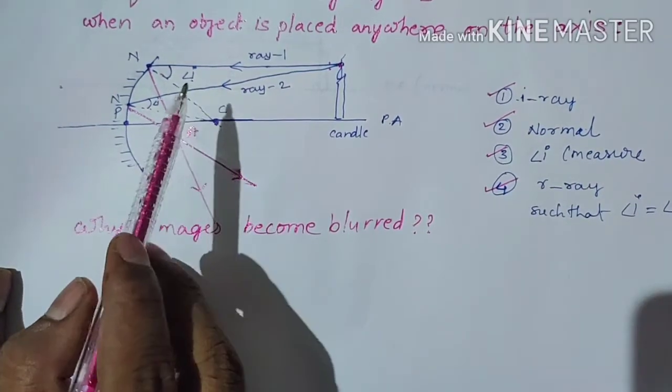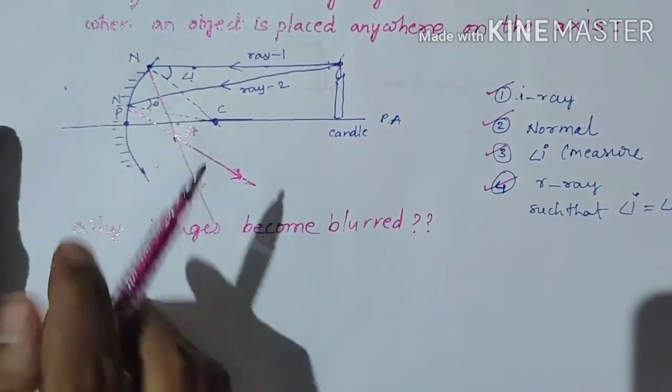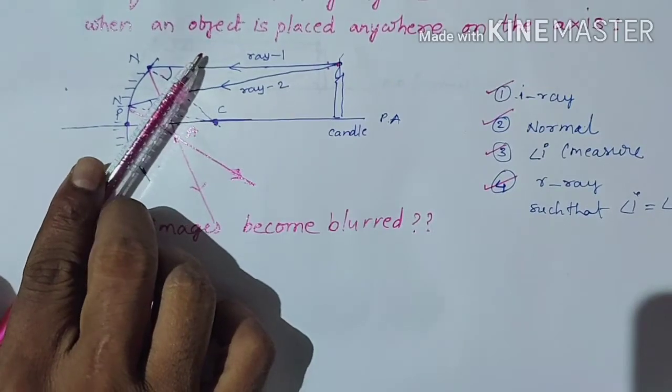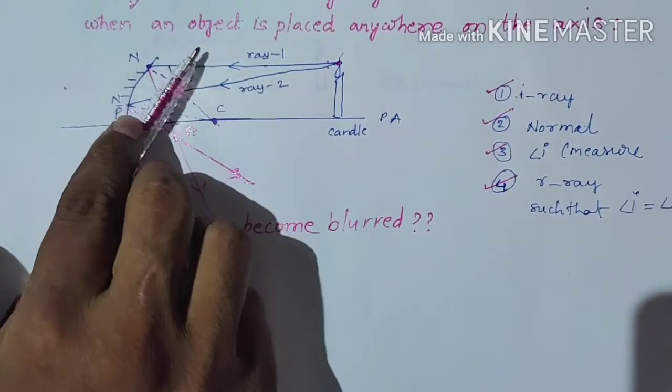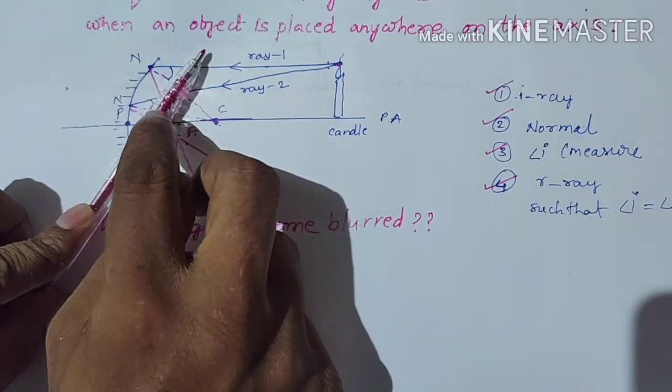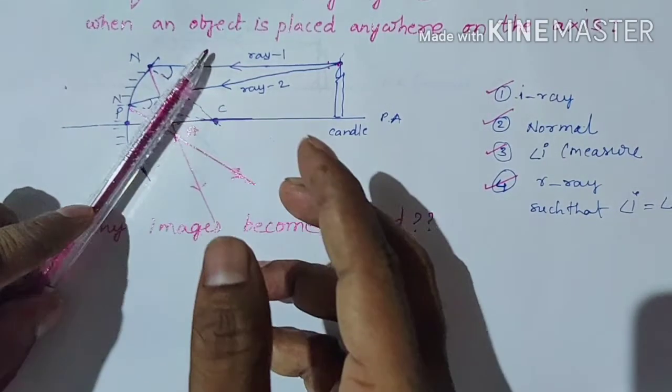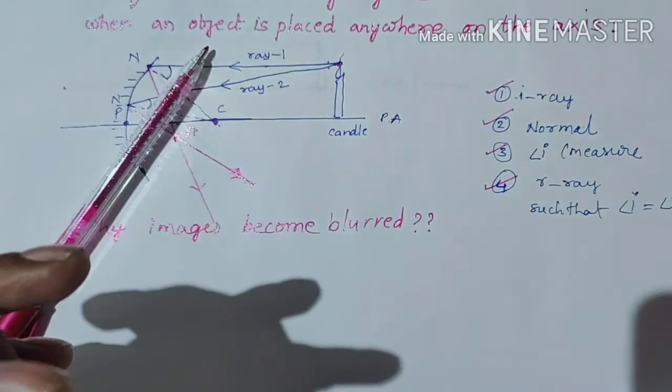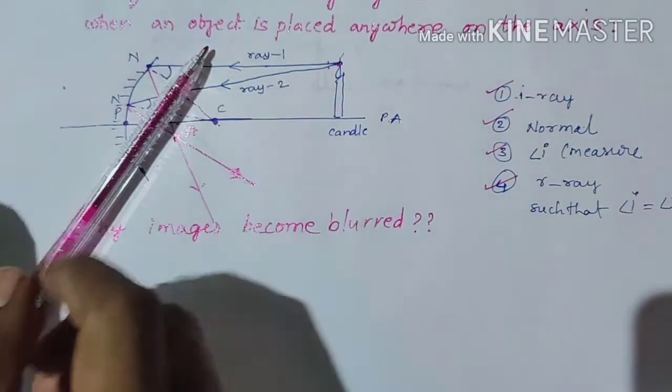If you place the screen here before A, this reflected ray will give one image here, and this reflected ray will give one image here. These two images merge with each other unsymmetrically and give you a blurred image.